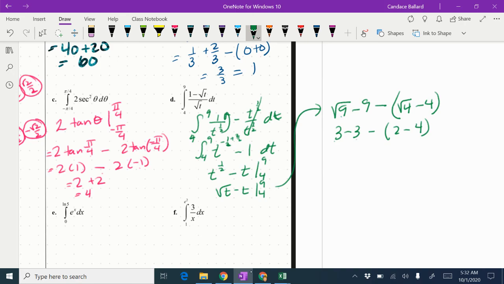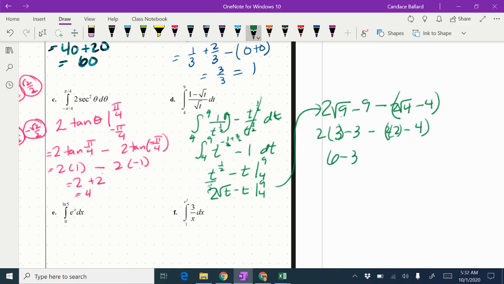Square root of 9 times, I forgot to multiply by 2, guys. When I integrate this, I forgot to divide by the new exponent, which was 1/2, which would make a 2 out in front. So this is going to be 2 times 3. And the same thing here, it should be 2 times square root of 4, or 2 times 2.